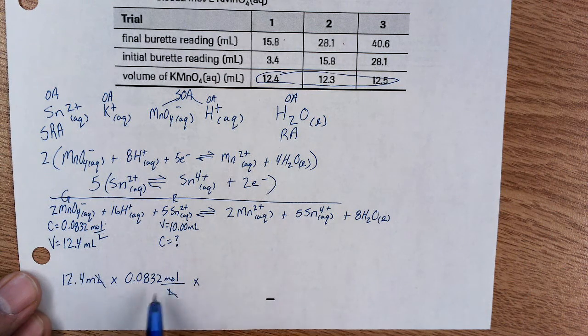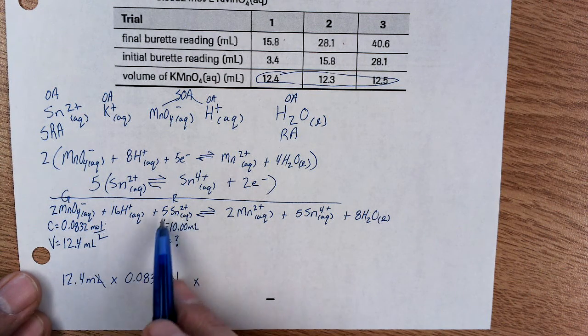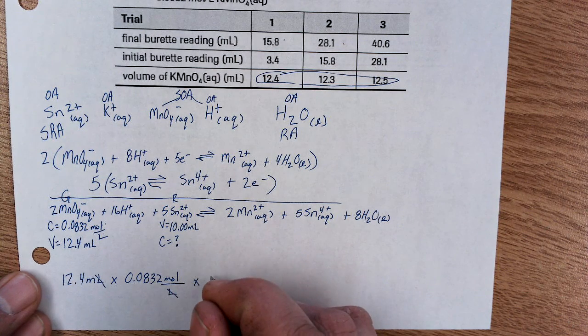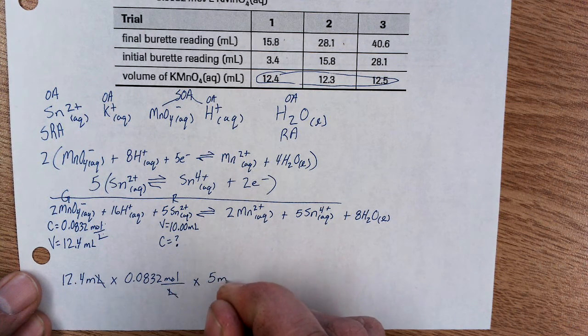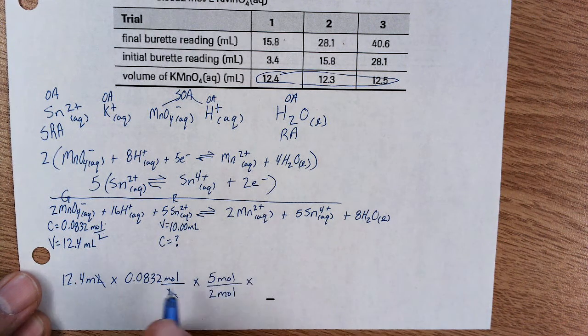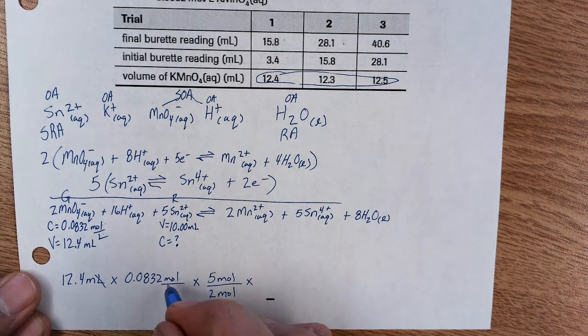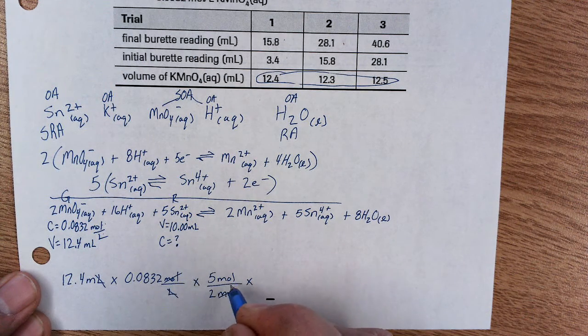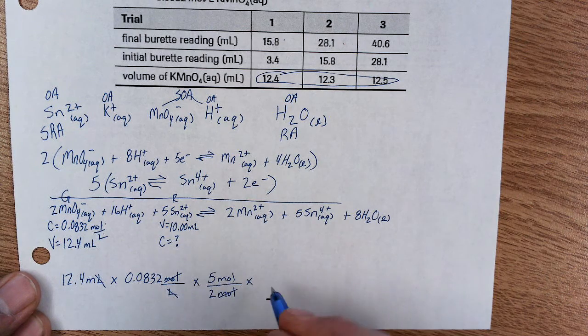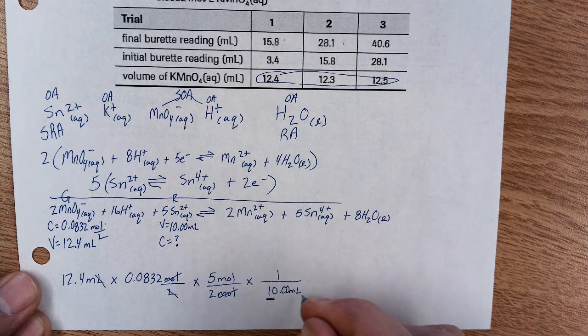Now I want to know how many moles of tin 2 I have, so I'm going to times it by required over given. So 5 moles, our mole ratio, over 2 moles. Our moles cancel out here. I want moles over liters, so I'm going to have 1 over 10 milliliters.